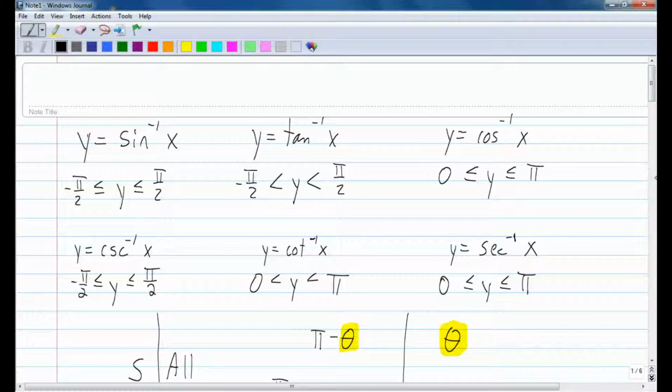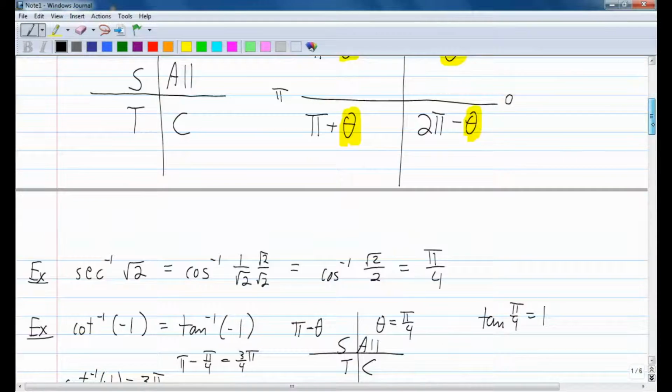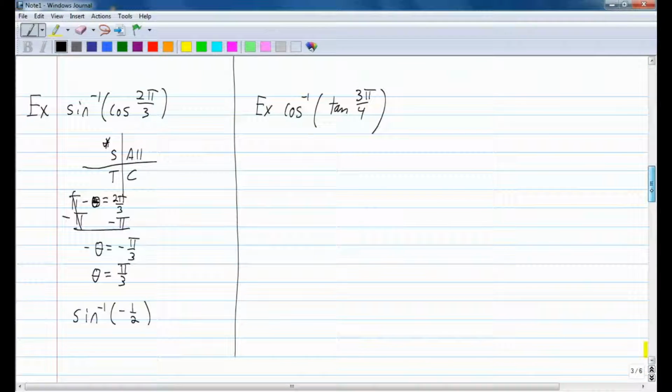The easiest way to do that would be to find the answer in the first quadrant and then make the angle measure negative. So I say to myself, the sine of what is a positive 1/2? The sine of pi over 6 is a positive 1/2. Make that angle measure negative. This is negative pi over 6.